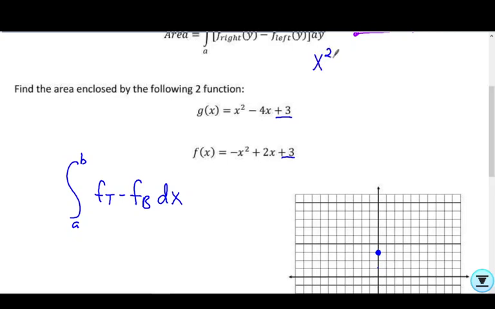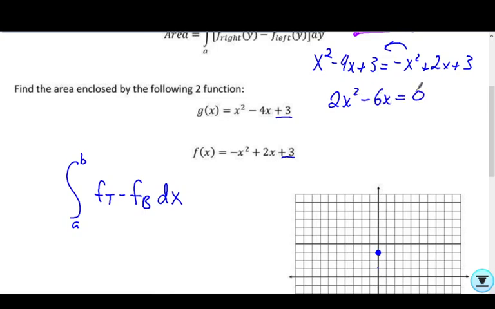So we can set them equal to each other, and we move everything onto that side. So we get 2x squared minus 6x equals 0. Factor out our 2x, so we get x minus 3. So our solutions, or our points of intersection, are 3 and 0, okay?